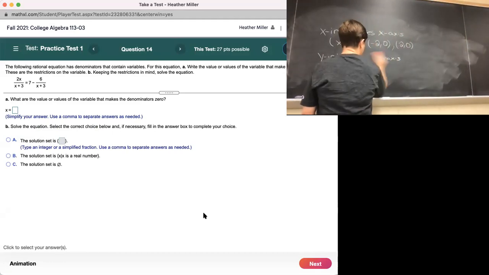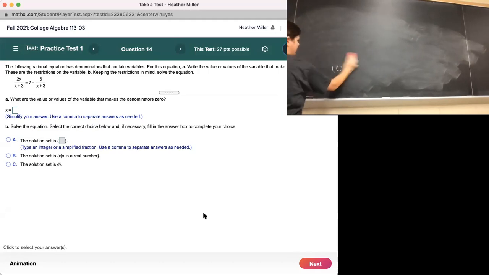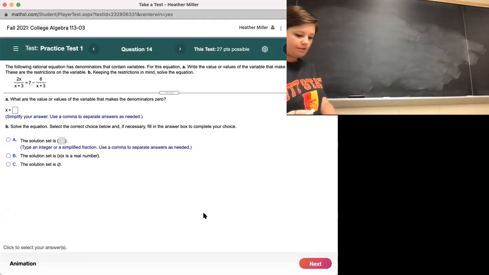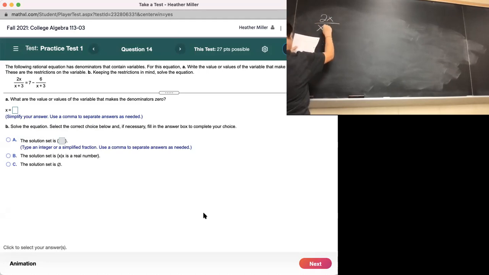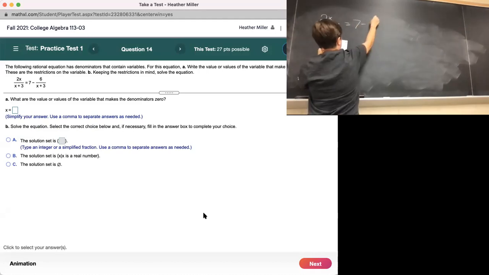rational problem. This one though has the x on the bottom, and so it can cause problems for us. Remember, you never want to have a 0 on bottom, so there are certain values when you're dealing with rational equations that x cannot equal.